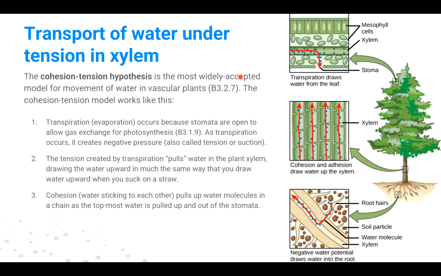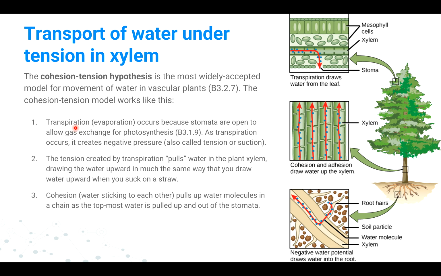There are many hypotheses that have been given, but this one is widely accepted, and it makes sense when you understand the process. Due to transpiration of water from the leaf, the water is coming out in the form of vapor through the stomata, right, and this stomatal opening is very important for gas exchange.